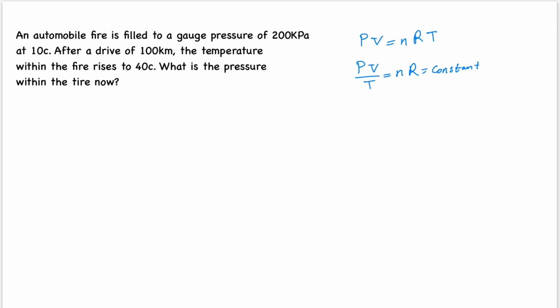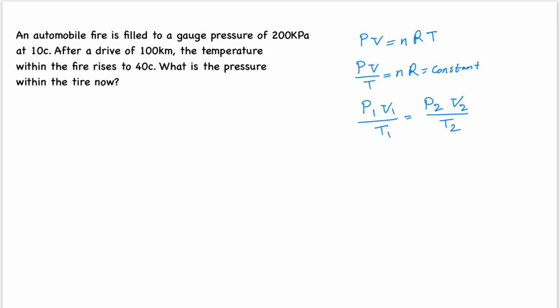And if we don't change the amount of gas in the experiment, and we just change P, V, or T, or we can also keep one of the variables fixed, then we can have this relation: P1 V1 over T1 equals P2 V2 over T2.